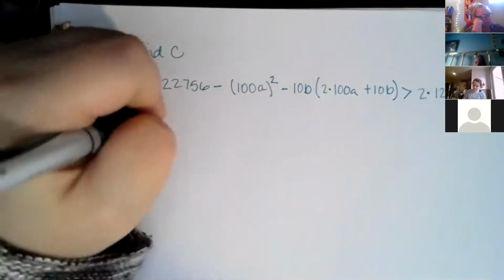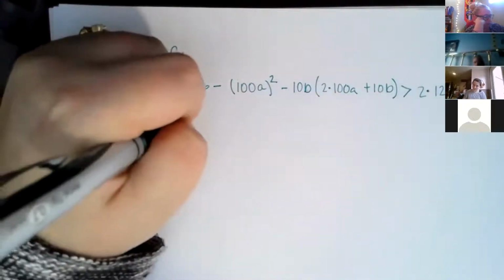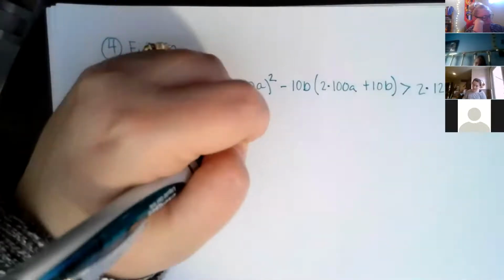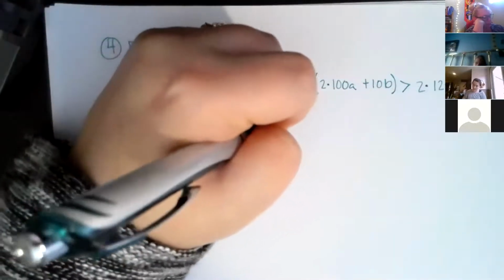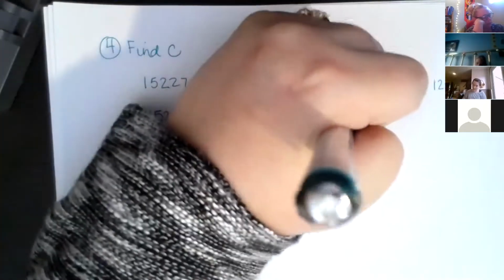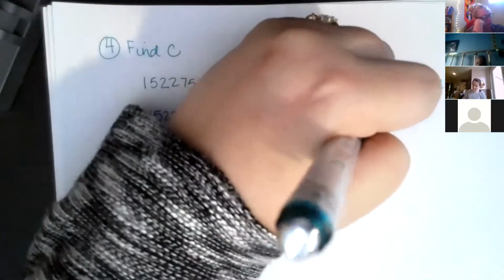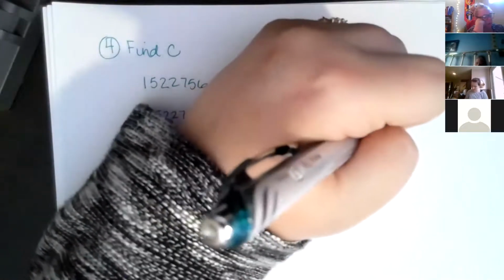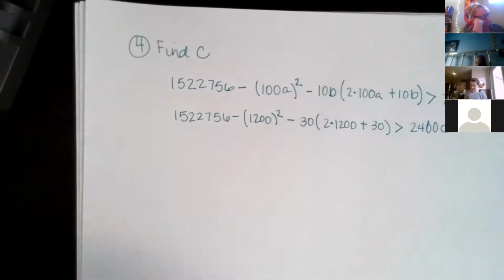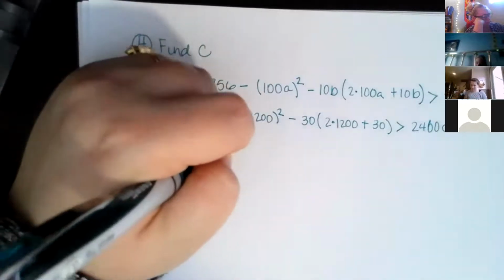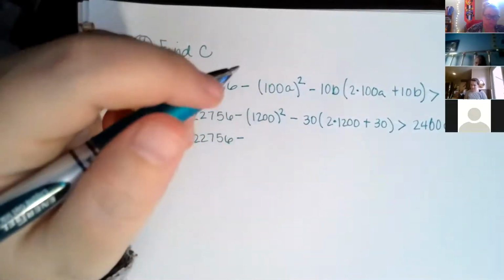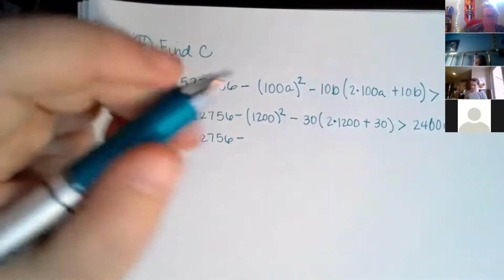All right, so assuming we can type things correctly into the calculator, 12,000 squared.